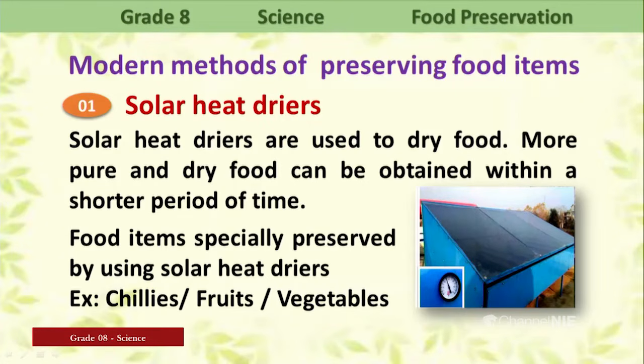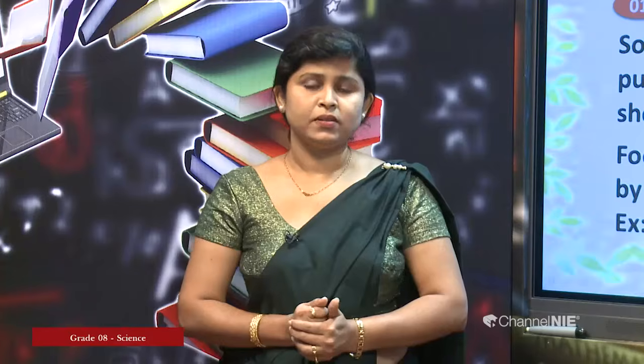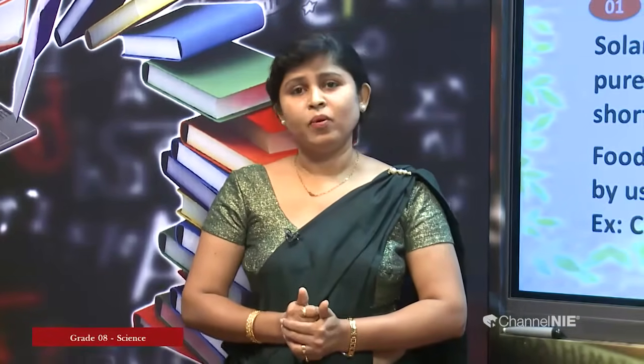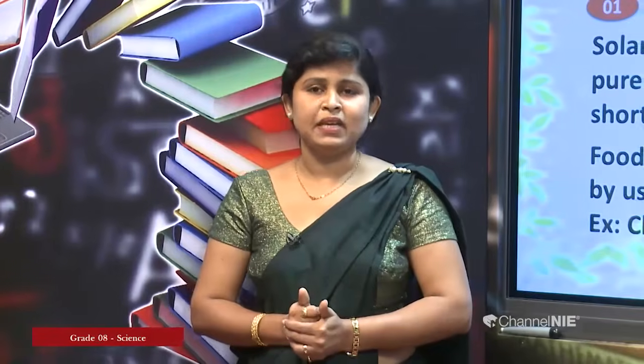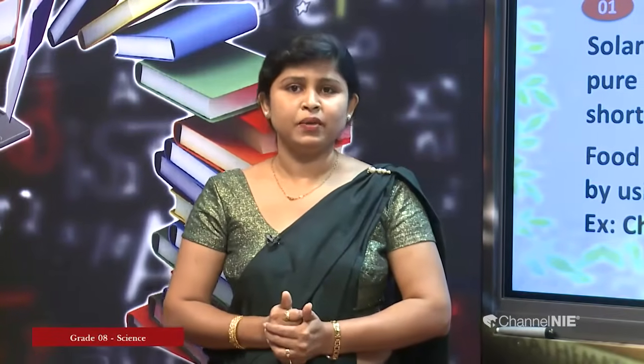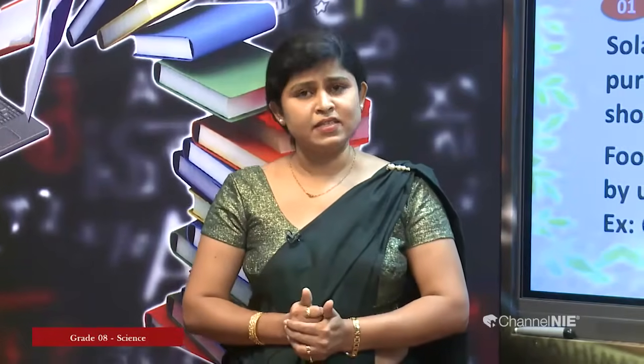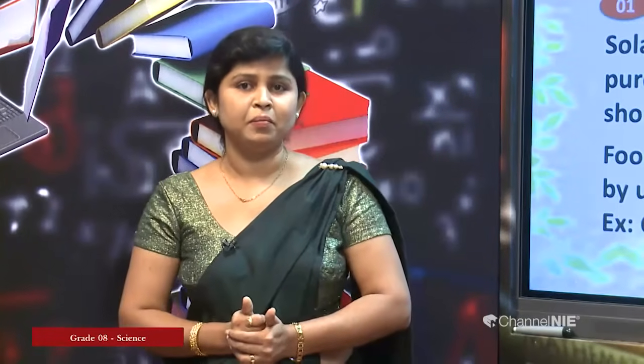Actually, there is a closed condition prevailing in a solar heat dryer. So, the insects and other microorganisms can't enter the food. So, the food is more pure and waste materials are not added to the food. This is a good method of preserving food items and it is considered a modern method.